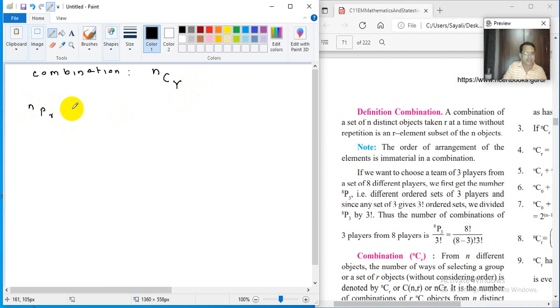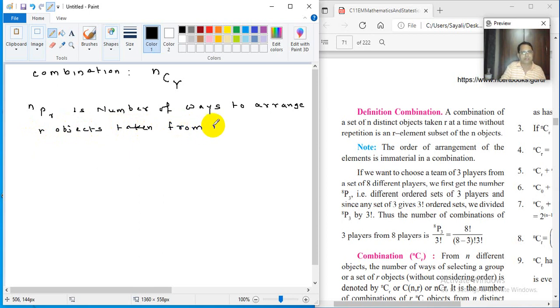NPR is the number of ways to arrange r objects taken from n objects. Now naturally we are arranging those objects in linear fashion.